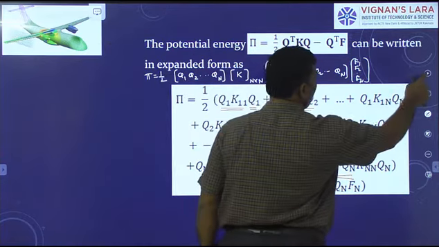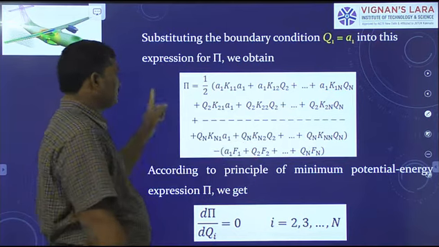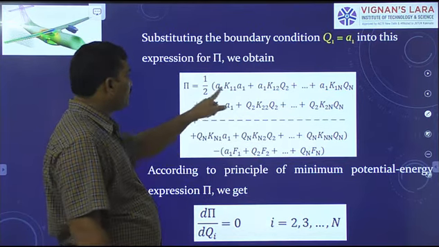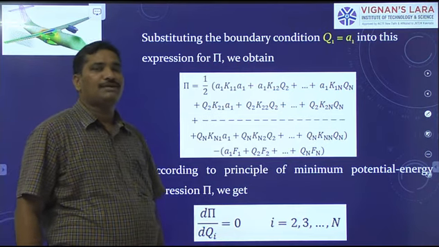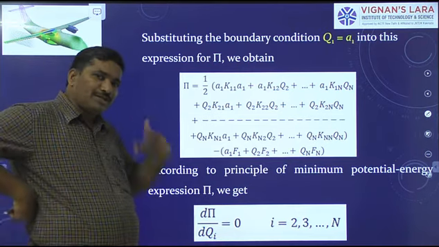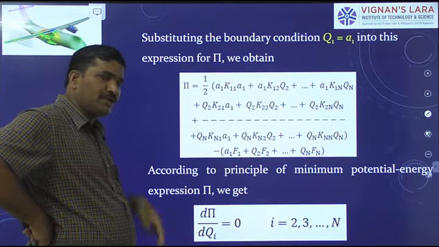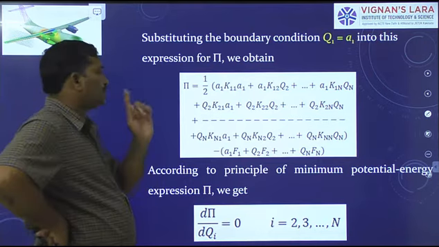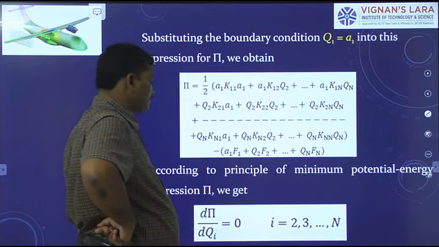In the same expression, wherever Q1 is there, I put A1. What is A1? It is a known displacement. It may be a zero or non-zero displacement, but it is a known displacement.